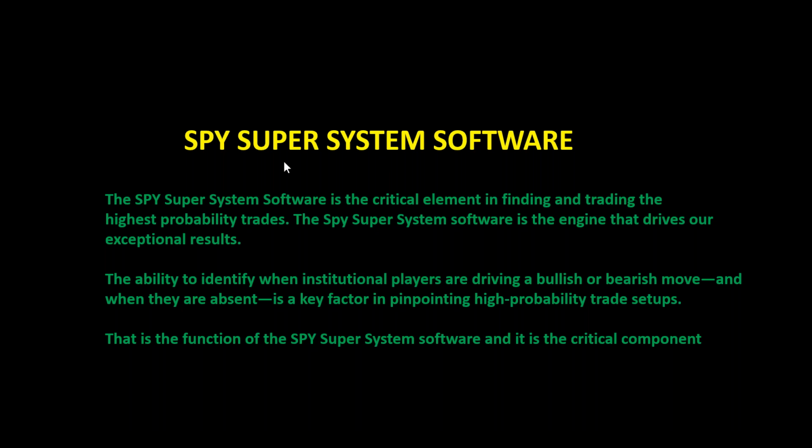Okay, the SPY Super System software that we're going to be looking at, and the indicators in there. I want you to understand that this software is the critical element in finding and trading the highest probability trades. This is how we get the results that we get, and I'll show you some of the results before we get into the indicators. The SPY Super System software is the engine that drives our exceptional results.